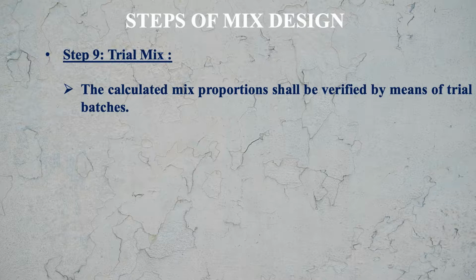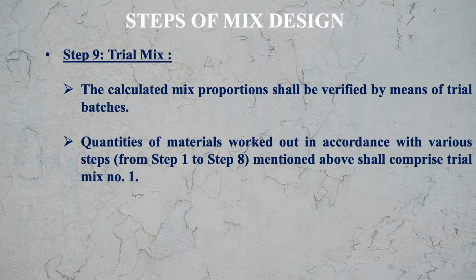So the calculated mix proportions shall be verified by means of trial batches. What we will do, quantities of materials worked out in accordance with various steps, that is from step 1 to step 8 mentioned here, shall comprise trial mix number 1.